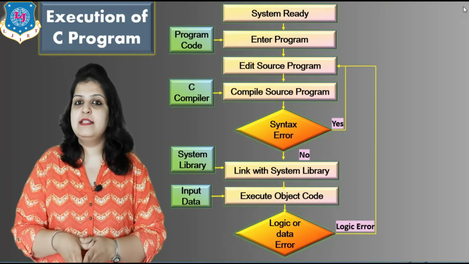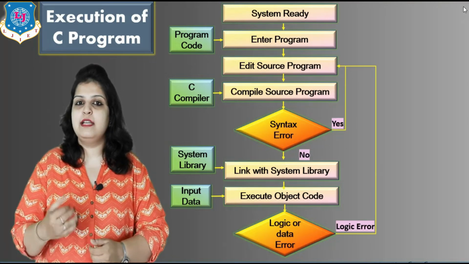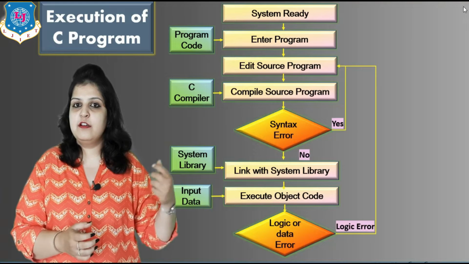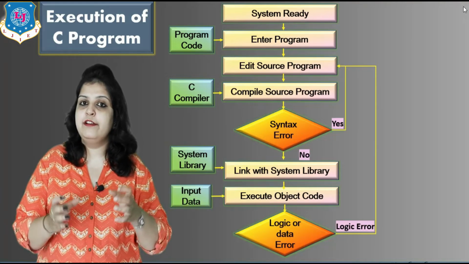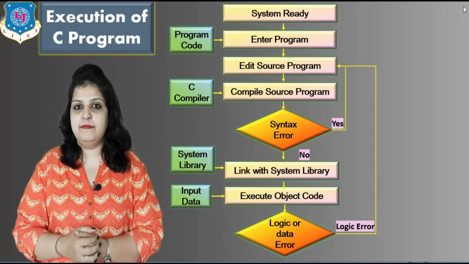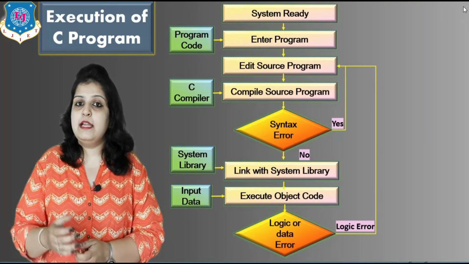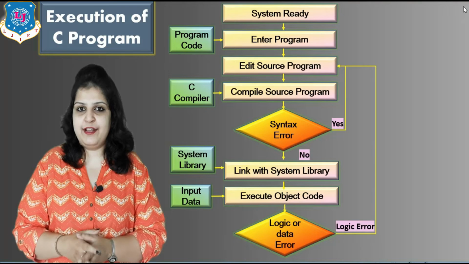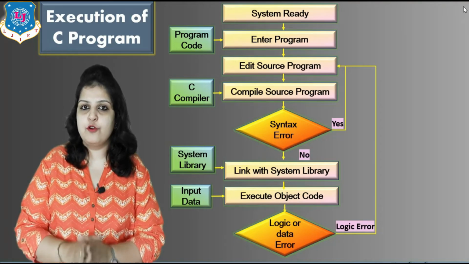And what is a data error? Suppose you run the program and you have taken the data type integer, two variables available, integer a and b, and at runtime you enter character values for those variables like a, b, c, then it is called a data error because you are entering wrong data.